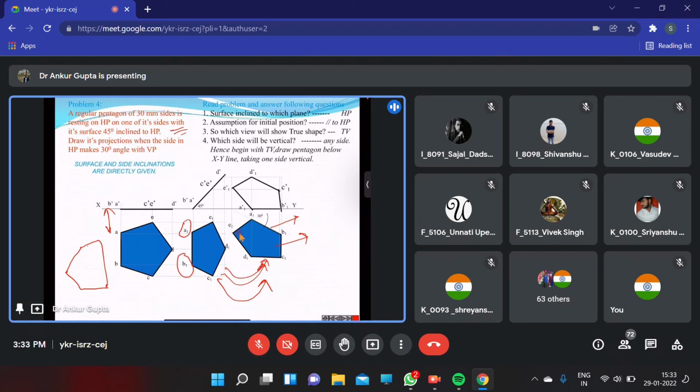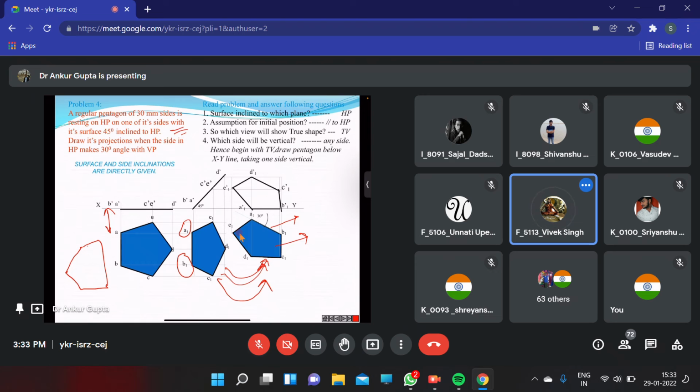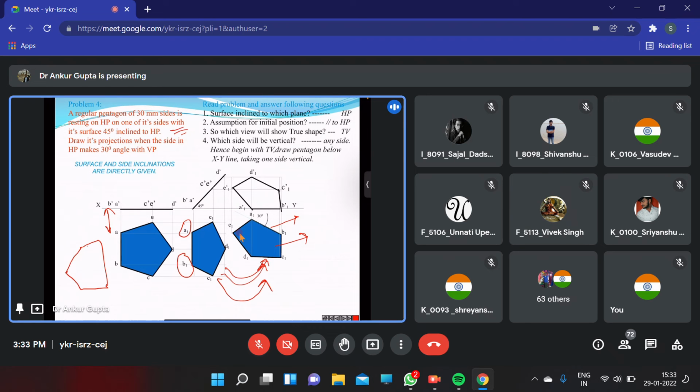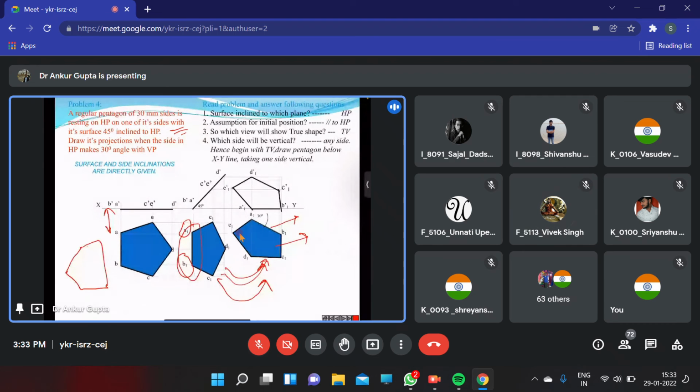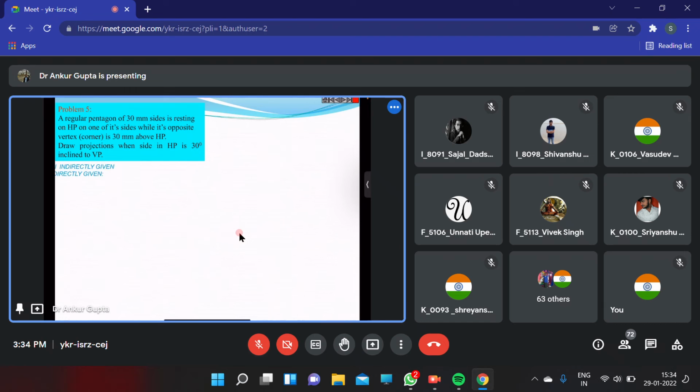This side, look at this side, A1, B1. Is it looking like this side is rotated? Is this side inclined at 30 degree? Yes sir. That is what is said, the side is inclined at 30 degree. Just look at this side, A1, B1, the one about which it is given. Okay? Yes sir. Now next question.